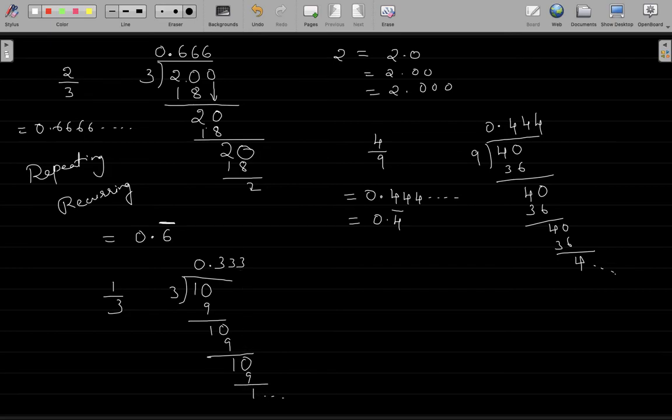Again you get 1, and this process goes on. So 1 by 3 is 0.3333 and so on. Or I can write this as 0.3 bar. Bar over this digit 3 indicates that 3 is repeating itself, right?